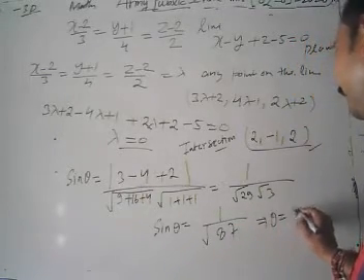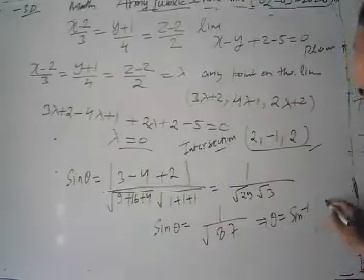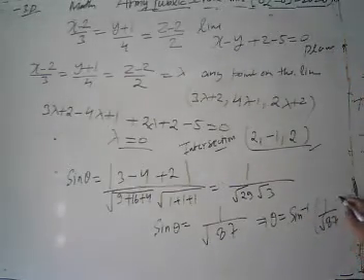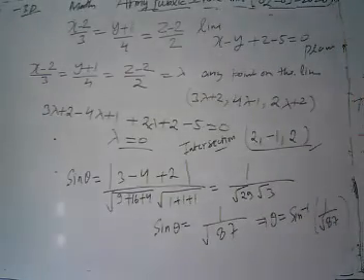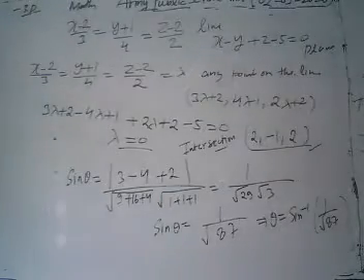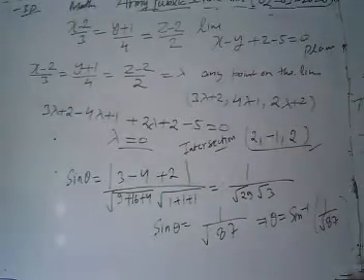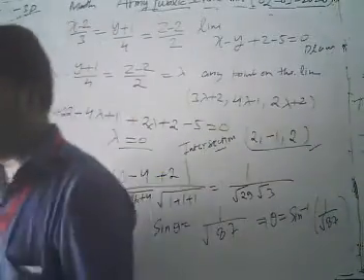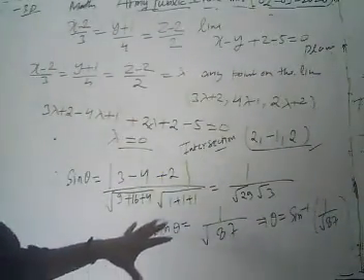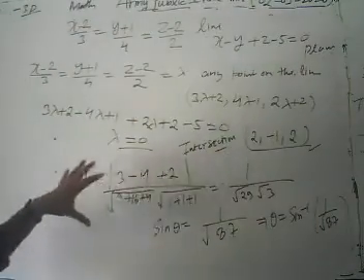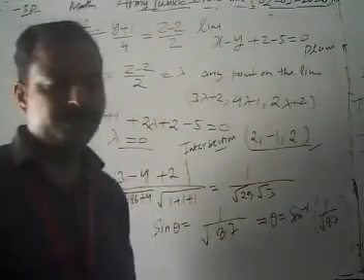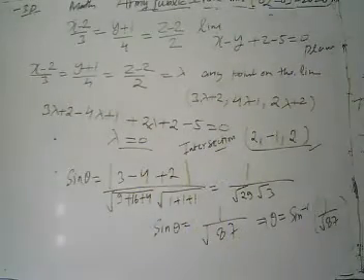Means theta is equal to sin inverse of 1 upon under root 87. This is our required angle between the line and the plane. We can also simplify by rationalizing, writing root 87 upon 87.